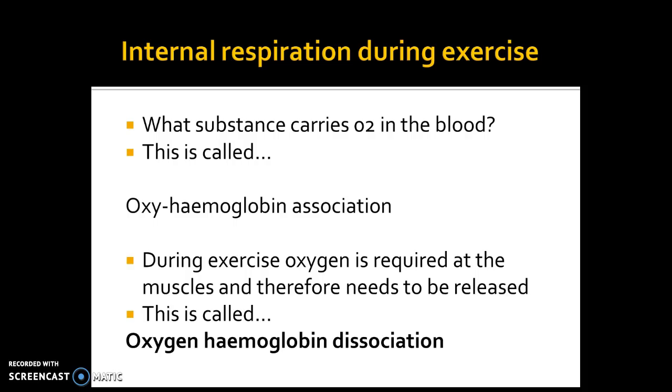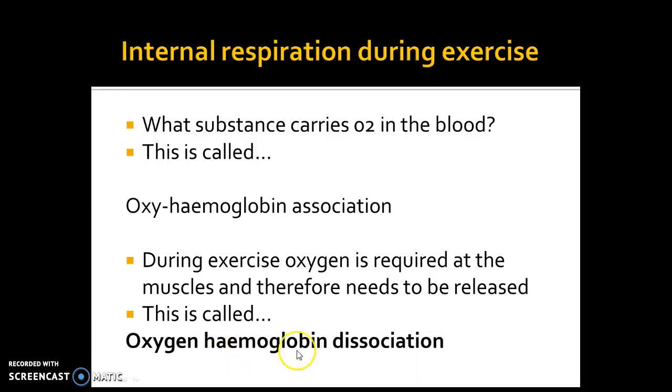That's what allows us to perform at our maximum, and to perform aerobically for as long as possible. Fortunately, this gets you to show how good you are at something in a real tough exam question. In order to release the oxygen from the hemoglobin, which is the carrier of different gases, we basically have to dissociate the oxygen.